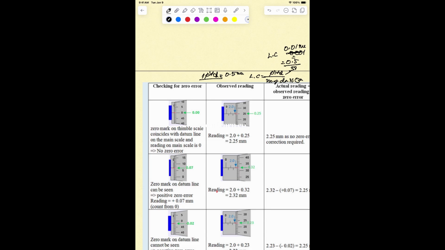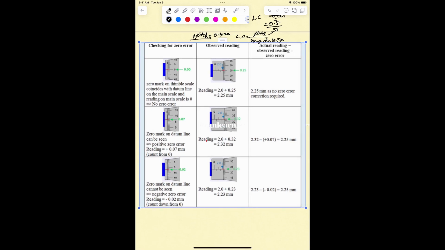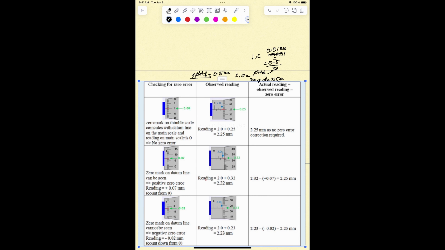After which main scale division, you find the head scale. Therefore, now you find, let us say, take for example, now this thing is given. Assuming there is no zero error, we will come to zero error, how to do it. Now in this case, there is no zero error. Why?